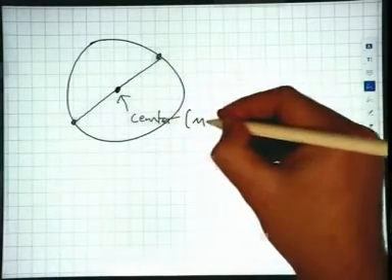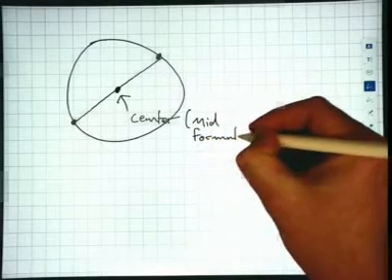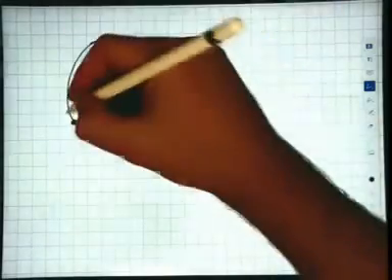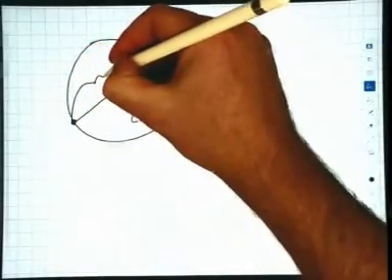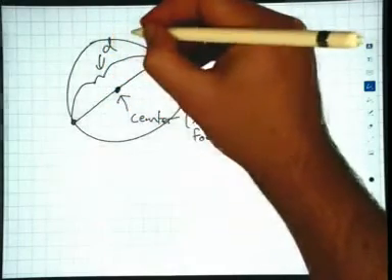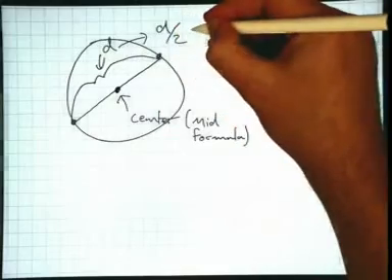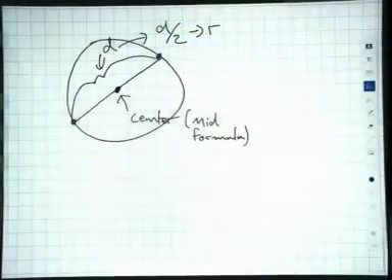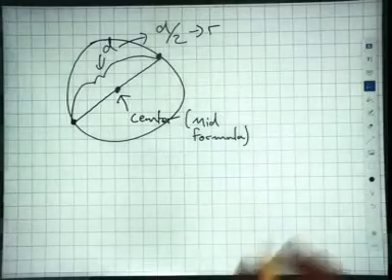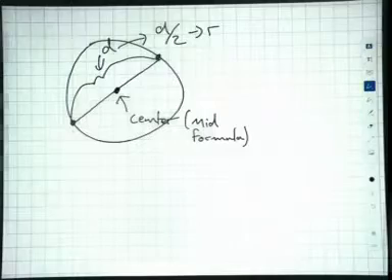Guess what you're going to use? You're going to use the midpoint formula. And then you got to find the distance, and then you're going to take that distance and divide it by 2 to give you the radius. So you have to use the distance formula here.